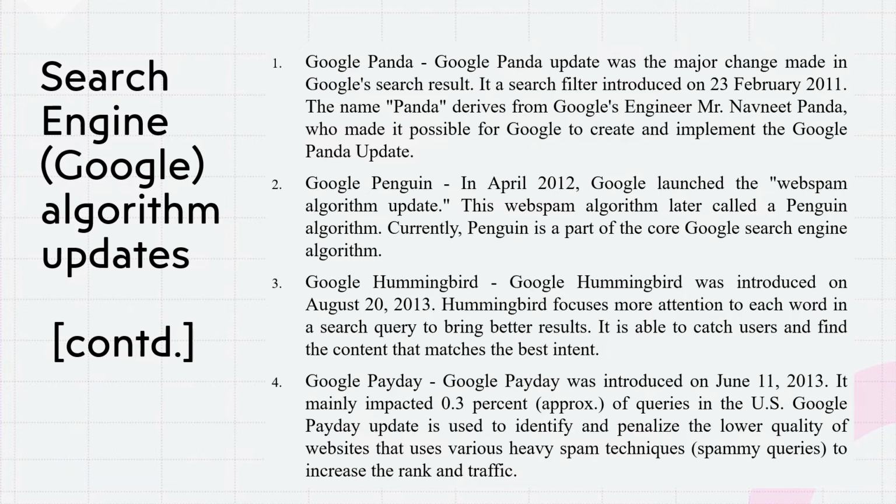The Google Panda update was a major change made in Google's search results. It is a search filter introduced on 23rd February 2011. The name Panda derives from Google's engineer Mr. Navneet Panda, who made it possible for Google to create and implement the Panda update.